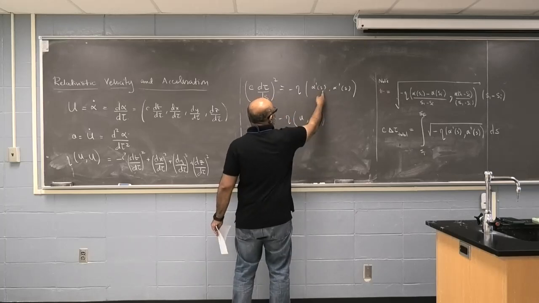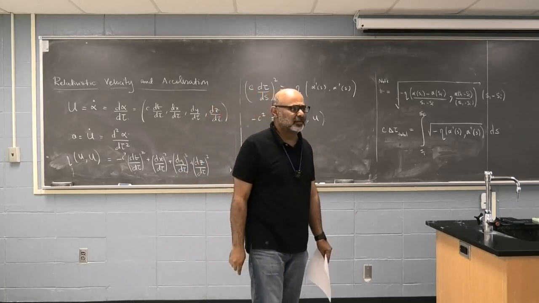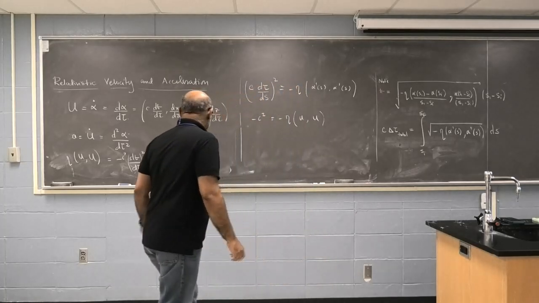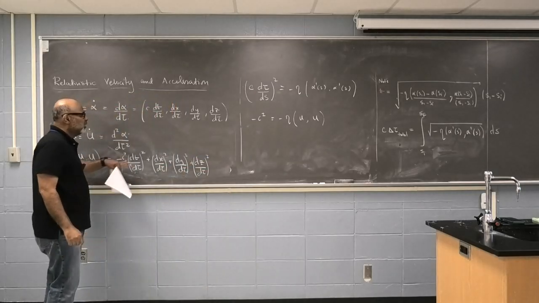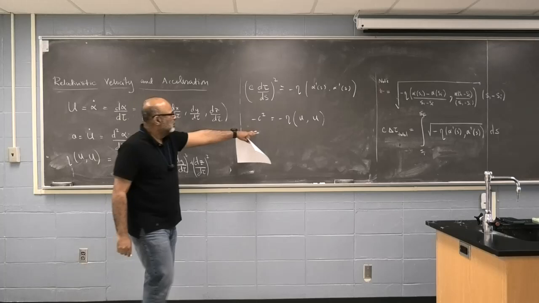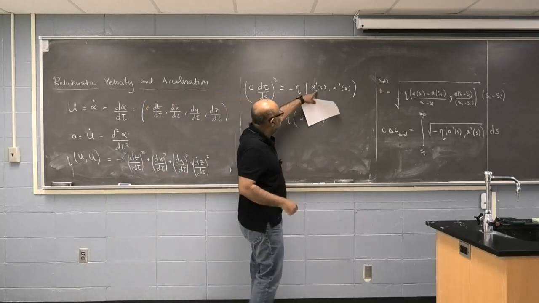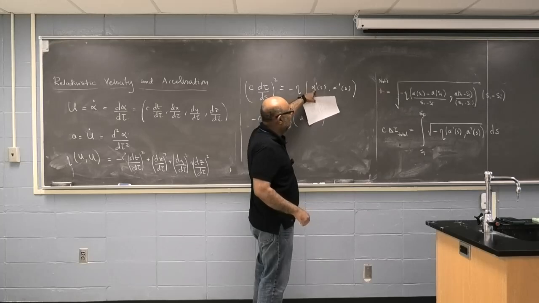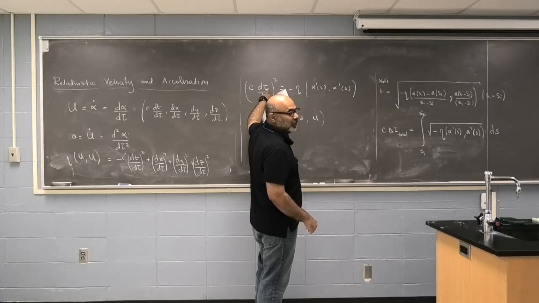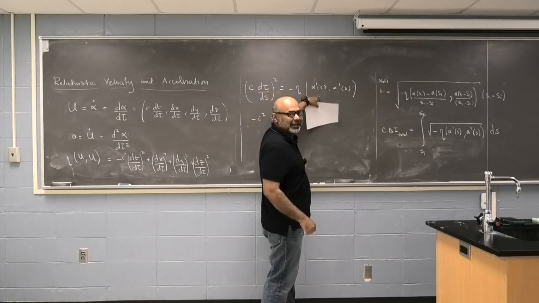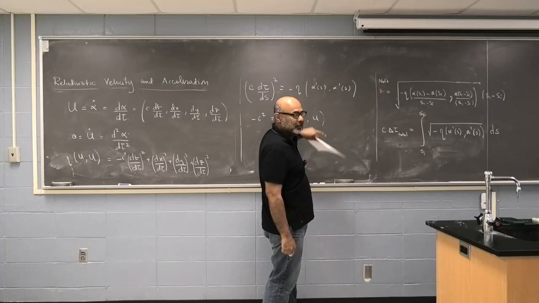I take this over here and bring d tau. Correct? So this guy, oh, actually, this is what I want. I started over here, but then I use that. You see what I've done? This is, for example, dt/ds. This is ds/d tau. So it is dt/d tau, dx/d tau, dz/d tau.